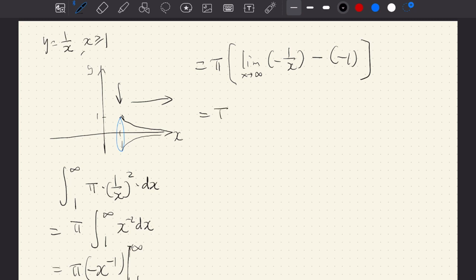So this is equal to pi times 1 plus the limit as x goes to infinity of negative 1/x. When x goes to positive infinity, then 1/x would be a very small positive number, so this limit goes to 0. So this is equal to pi, which is our result. Okay, so that's it for our assignment.